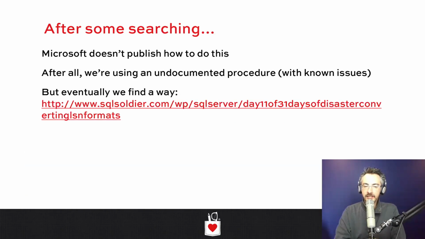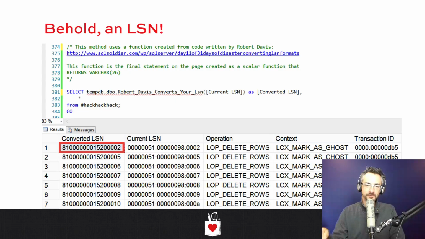So going a little bit deeper into Google, our friend Robert Davis, who wrote the book on database mirroring, also wrote an undocumented, unsupported function to change fndumpdblog's LSNs over to the database engine's LSNs, which kind of tells you what Robert Davis's job was like if he had to do this so often that he had to write a function in order to pull this off.